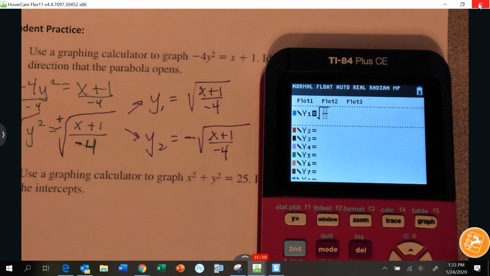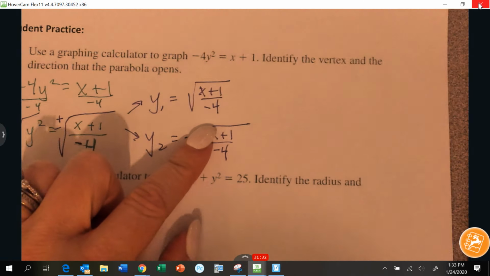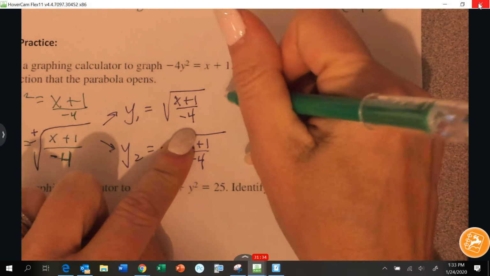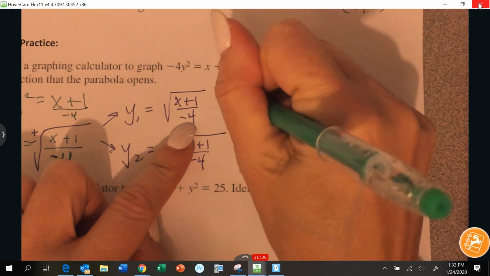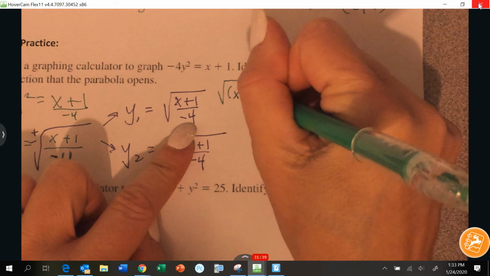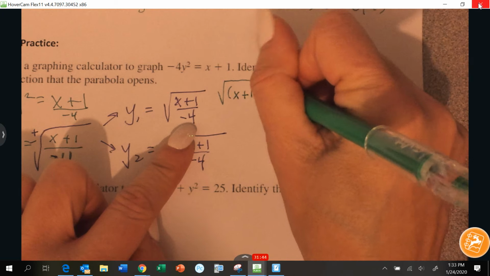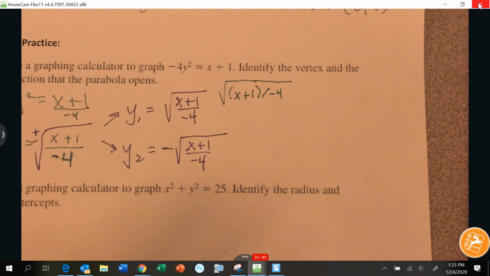If you do not have the new calculators, I'll write down how to type it in. You'll have to type it in like this, divided by negative 4, and just make sure that that is all underneath.